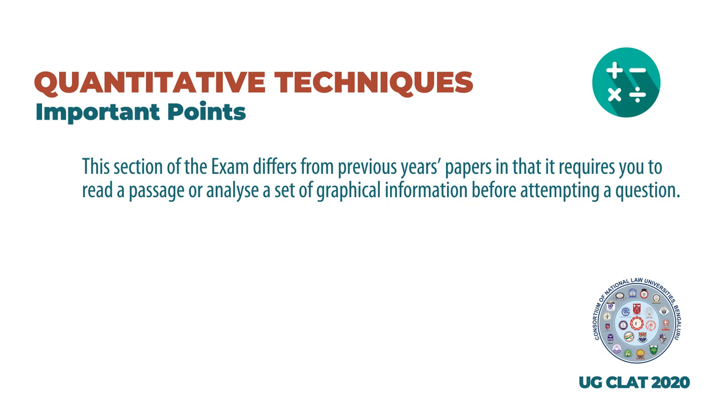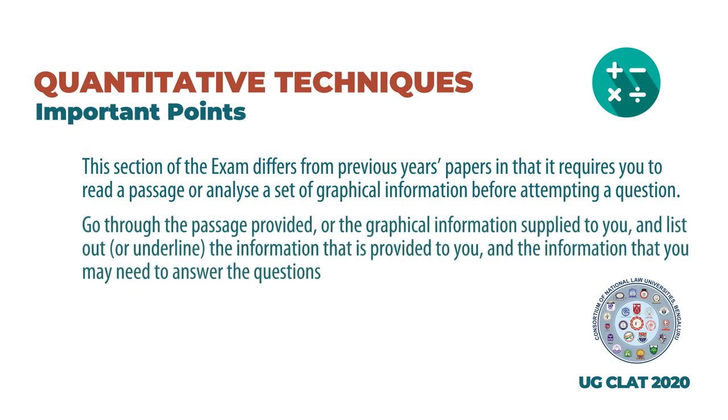Since this section differs from previous years' papers in that it requires you to read a passage or analyze a set of graphical information before attempting a question, it is very important that you first go through the passage provided or the graphical information supplied to you and list out or underline the information that is provided to you and the information that you may need to answer the questions.